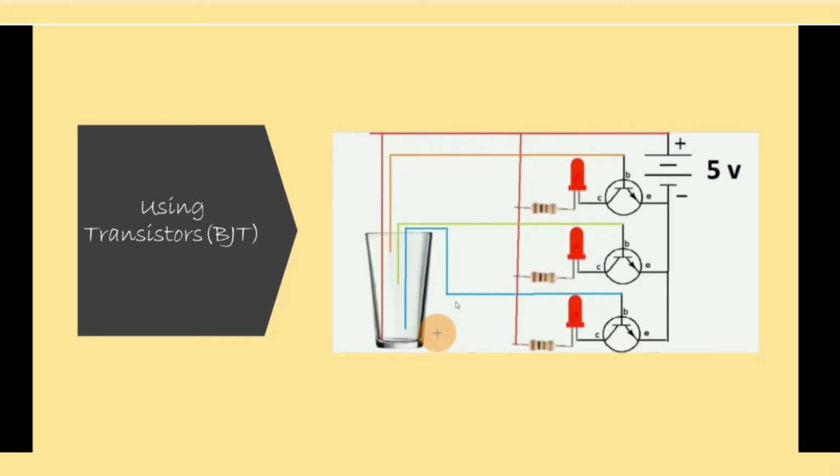As the water level rises, it would touch the free end of the wire, the circuit would get completed and the LED would glow. As it subsequently rises above, the further LEDs will start glowing. And if we attach an alarm buzzer, then it would beep when the water level just touches the free end of the wire.